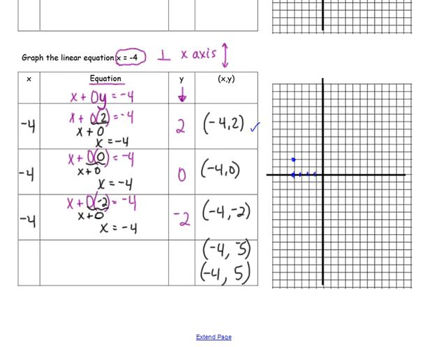For negative 4, negative 2, 1, 2, 3, 4, and negative 2. Negative 4, negative 5, negative 4, positive 5. And notice the equation of a line is as we expected. Here's our x-axis, and when you have an x equal, it will be perpendicular to the x-axis.